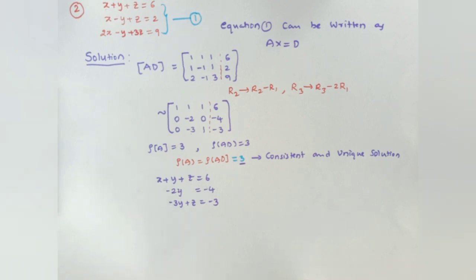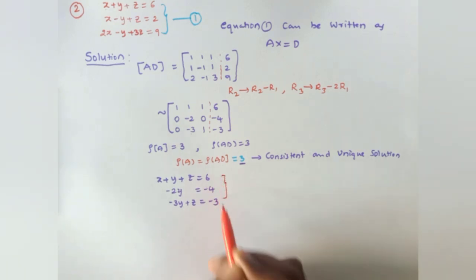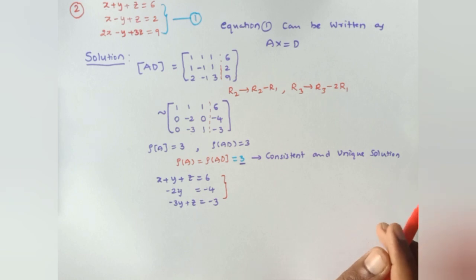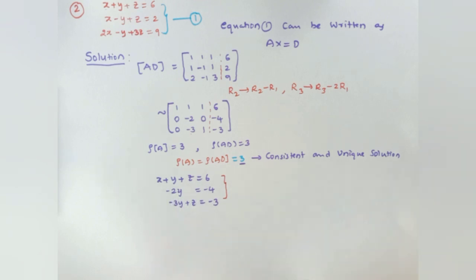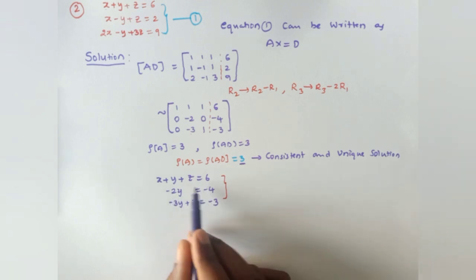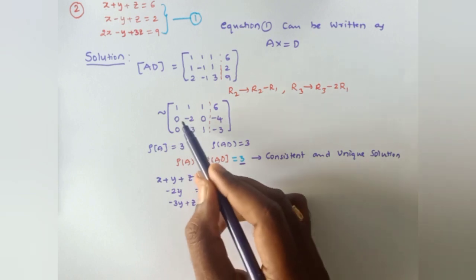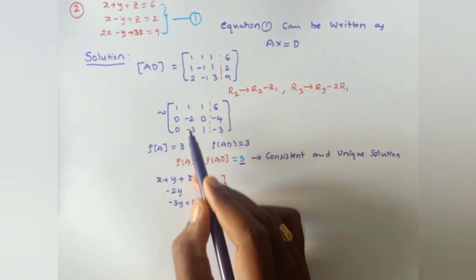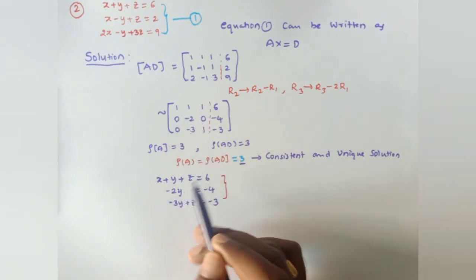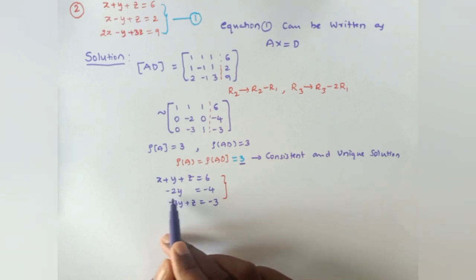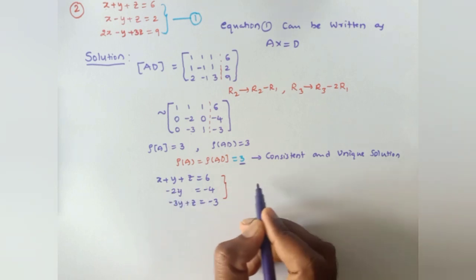Now you need to solve these 3 equations to get the values of x, y, z. 0 into x is 0, minus 2 into y is minus 2y, 0 into z is 0z. So finally it is minus 2y equal to minus 4.